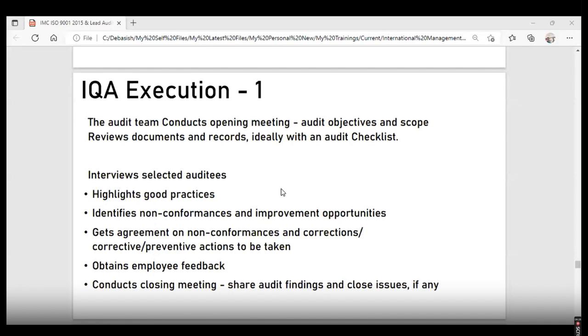Number 1, interviewing selected auditees, highlighting good practices or strengths, identifying non-conformances and improvement opportunities, getting agreement on non-conformances from the auditee, and on the corrections and corrective or preventive actions which have been agreed to be taken by the auditee. It also obtains employee feedback on how the audit has been done and how happy they are with the audit, and finally conducts a closing meeting to share the audit findings and close the issues if any.